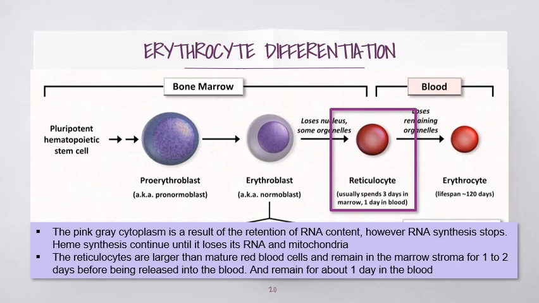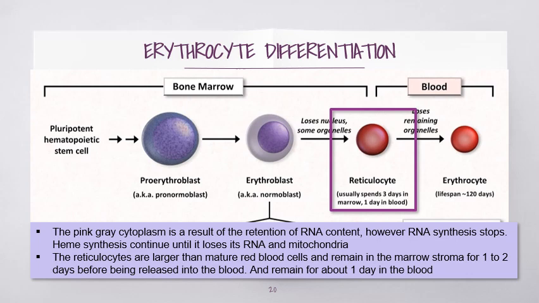This is the first unnucleated ancestor of your erythrocytes. The cytoplasm is still pinkish or bluish gray as a result of the retention of RNA content. However, when RNA stops and hemoglobin synthesis continues, it will lose its RNA and mitochondria in the cytoplasm, giving the characteristic salmon pink color of the red cell.